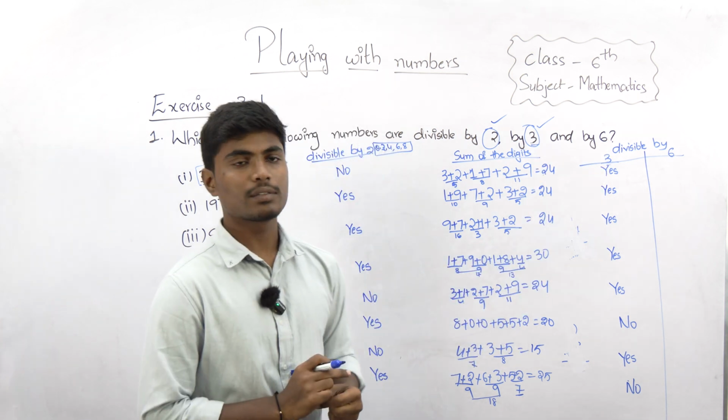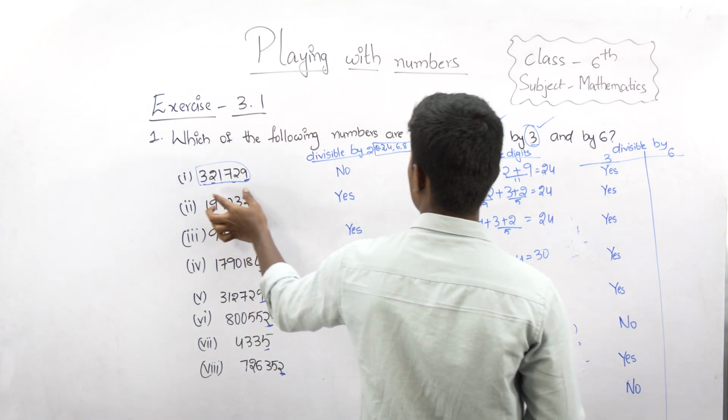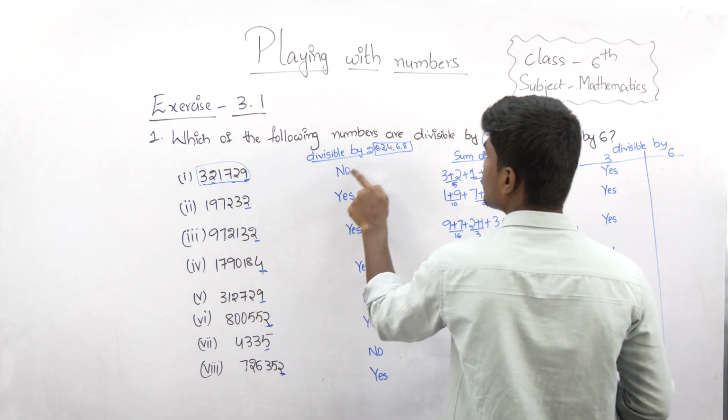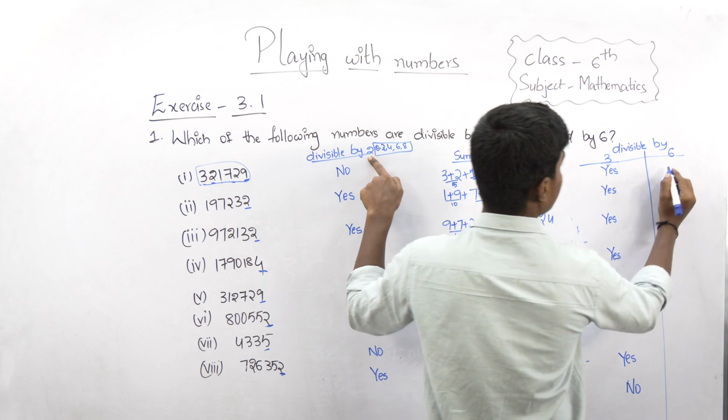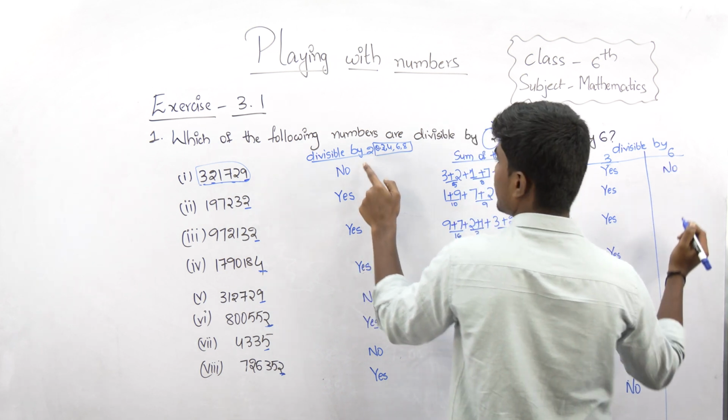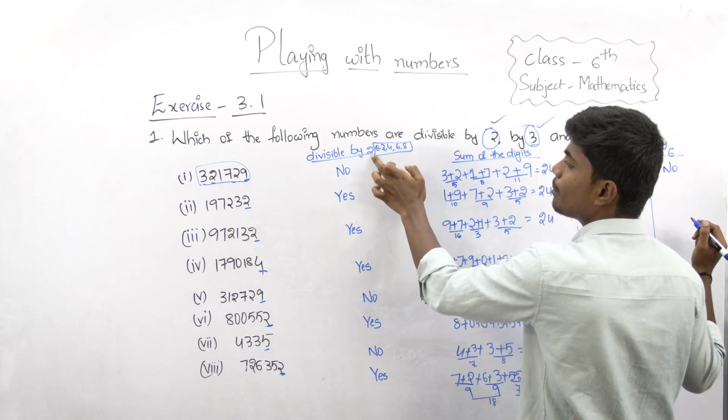then the number is divisible by 6. In the first one, the number is not divisible by 2 but divisible by 3. So this is not divisible by 6 because it is not divisible by 2.